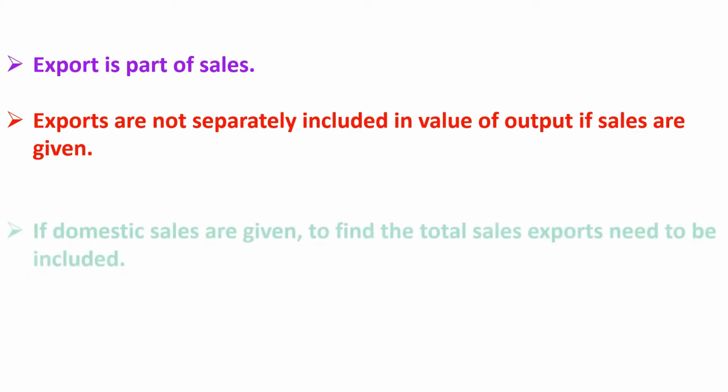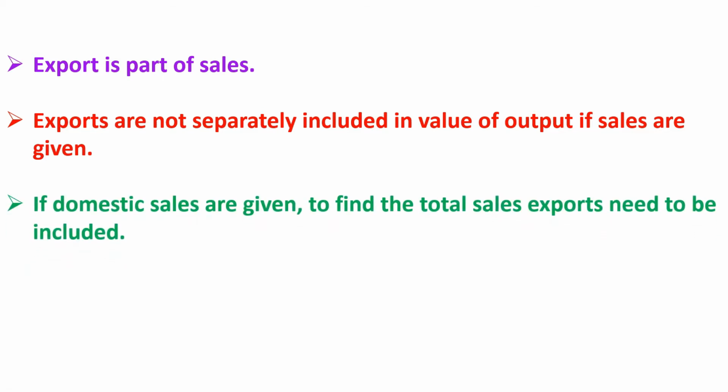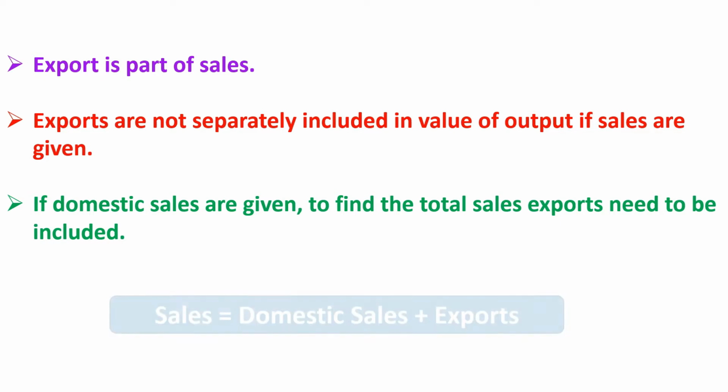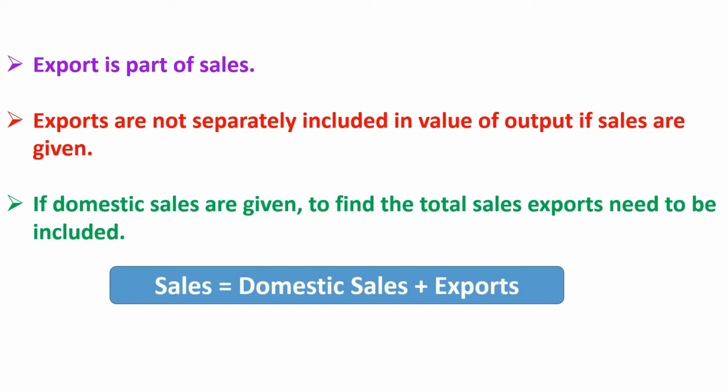If domestic sales are given, to find the total sales, exports need to be included. Always remember one thing, that if a particular item which is required is not given directly, then use the subparts of that particular item. Otherwise, no need to use subparts. Sales is equal to domestic sales plus exports.